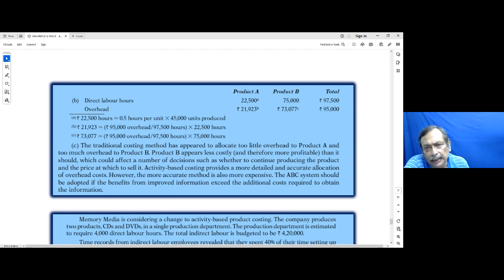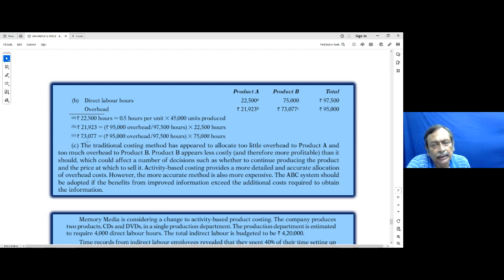Accordingly, we have calculated B and C from the working notes, so that the total overhead of 95,000 is allocated to product A as 21,923 and to product B as 73,077.